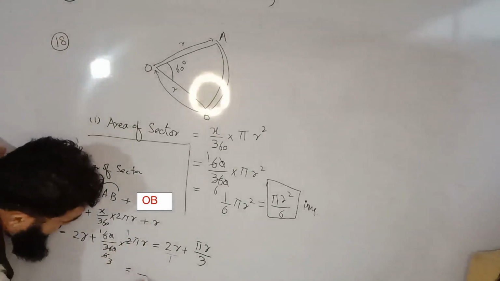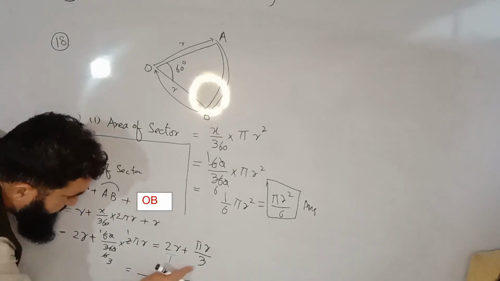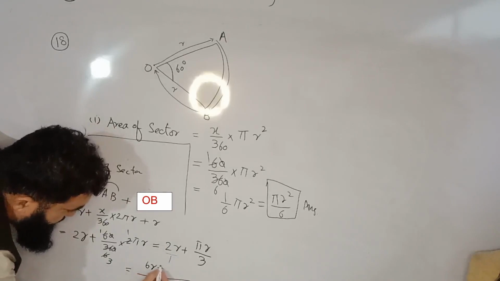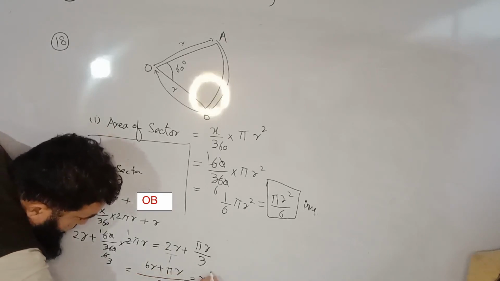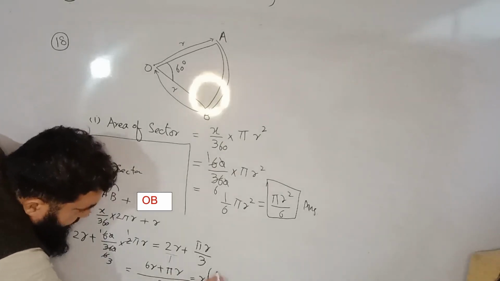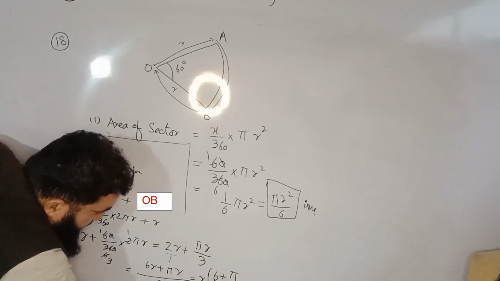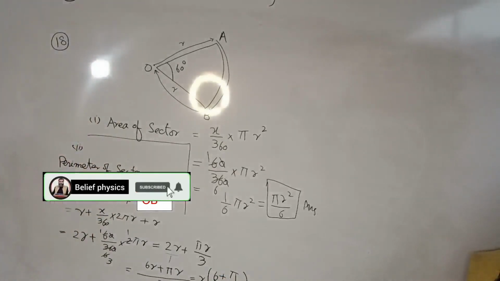Then 3 twos are 6, so 6R plus pi R. You can take R common, and the answer will be 6 plus pi over 3, the whole multiplied by R. So this is the expression for the perimeter of the sector in its simplest form.